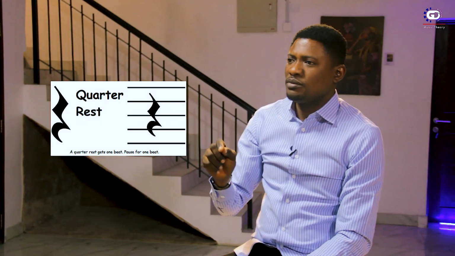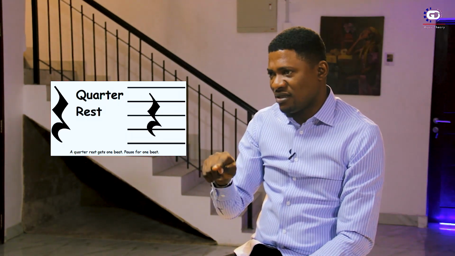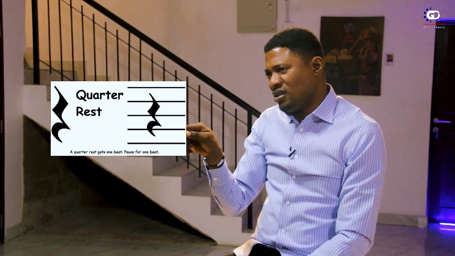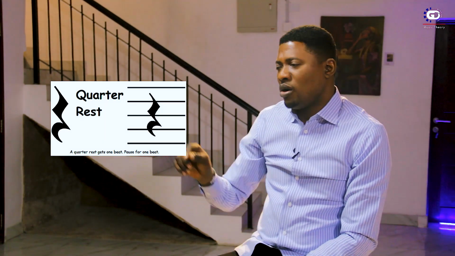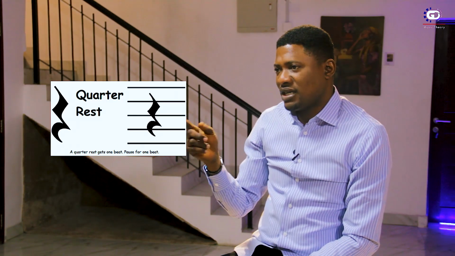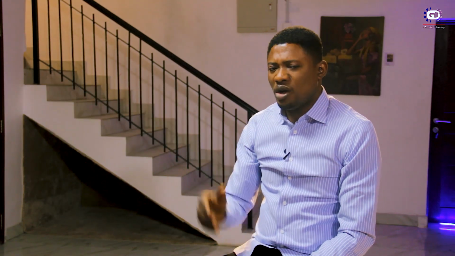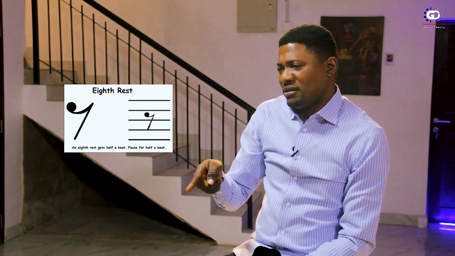The crotchet rest looks like an inverted Z, like two less-than signs joined together, or an inverted Y, as you can see on the screen. The quaver rest is just like your Y, but tilted. So you have to know the difference through the shapes of the four of them.